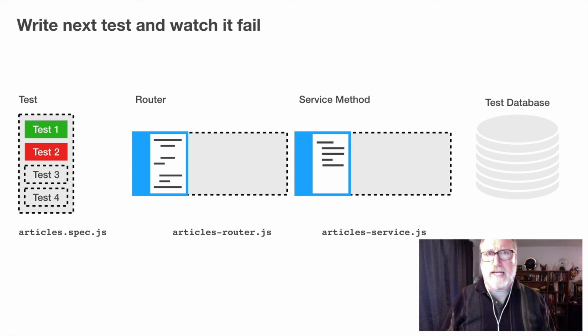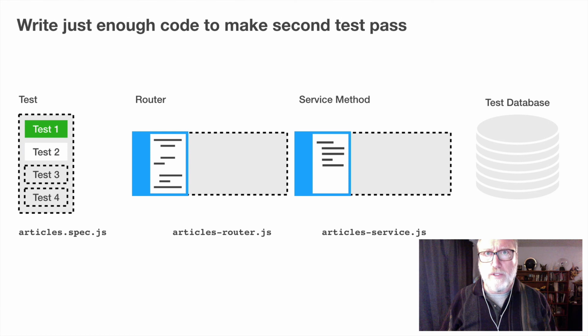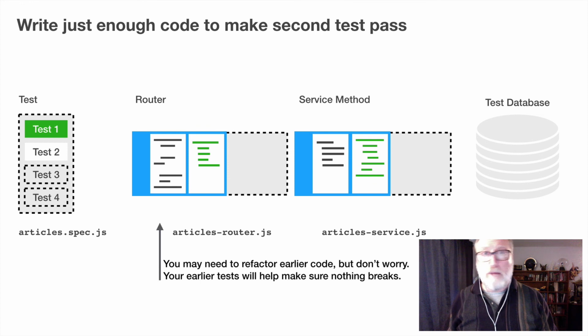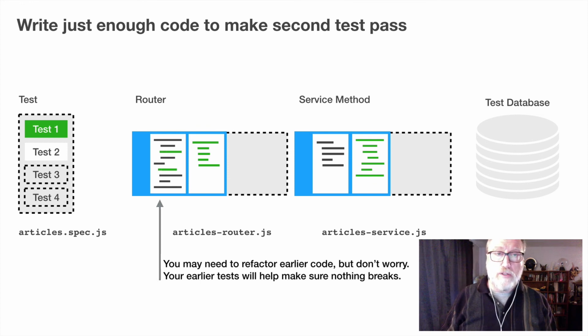But you've got a second failing test, and that's the important thing. Then you go through and you write just enough code to make the second test pass. You may need to modify earlier code to make sure that it can handle these new situations.